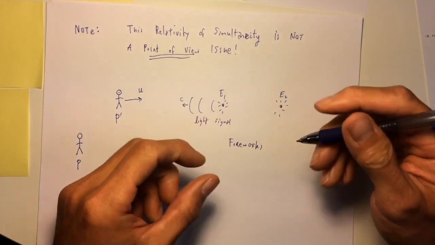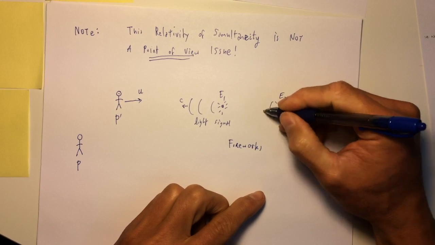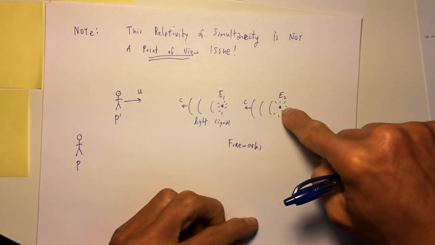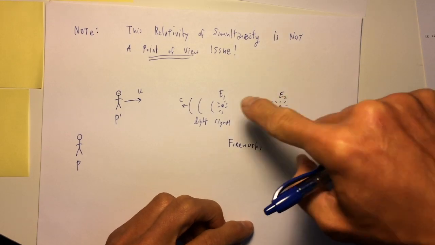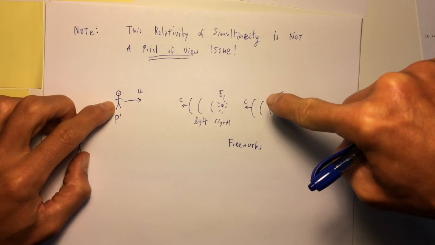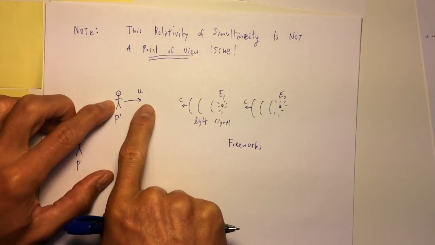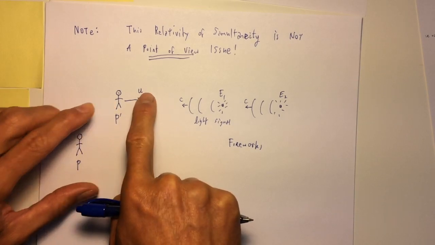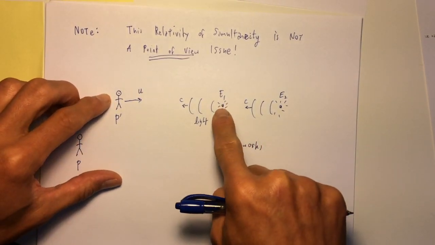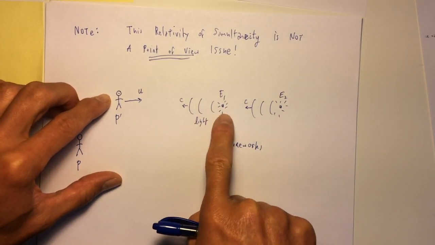But at the very same moment, these explosions happen at the same moment, here comes, at the speed of light, light from event 2. But light from event 1 gets to this person faster than light from event 2, and according to this person who's moving towards the right with speed u relative to person P, this event happens first because it is closer.